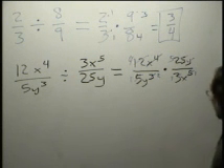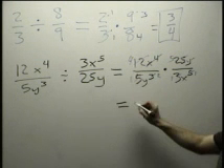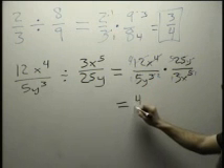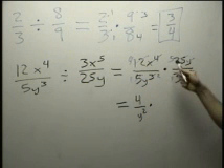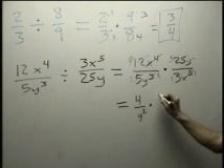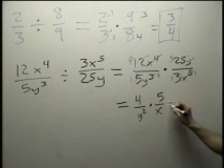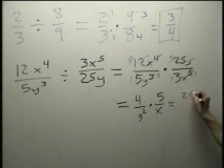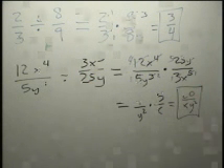And so we end up with 4 over y squared times 5 over x. Multiplying across, we get 20 over x y squared.